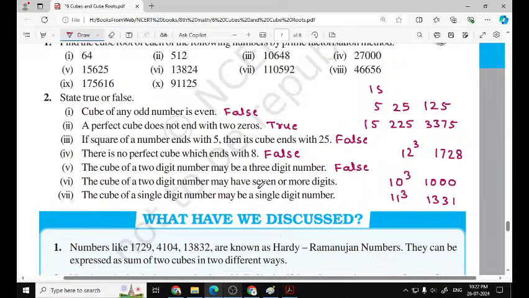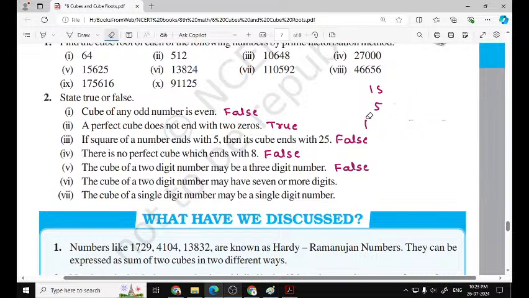Cube of 2-digit number may be 7 or more digits. Which is the greatest 2-digit number? Greatest 2-digit number is 99. Or let us find out cube of 100. 100 contains 2 zeros.